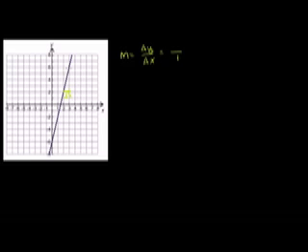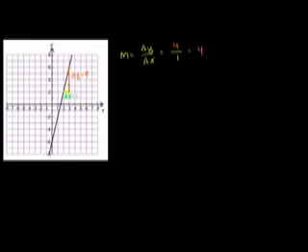It looks like y changes exactly by 4. So my delta y, my change in y, is equal to 4 when my delta x is equal to 1. So the slope is equal to 4.